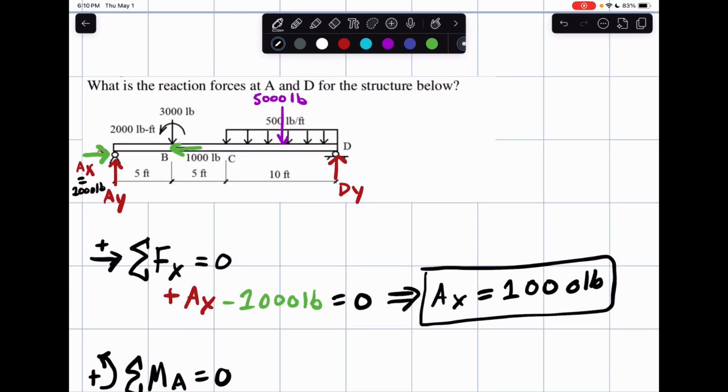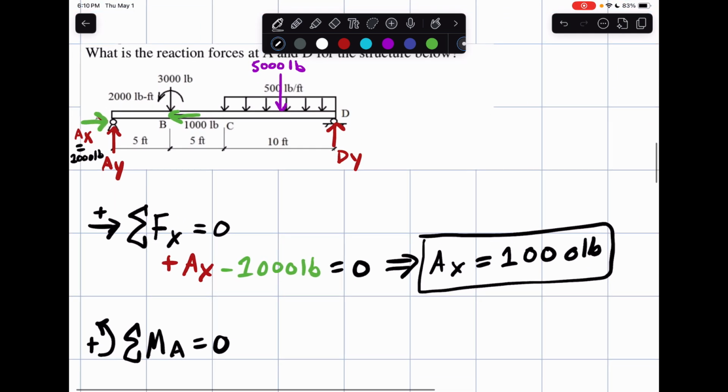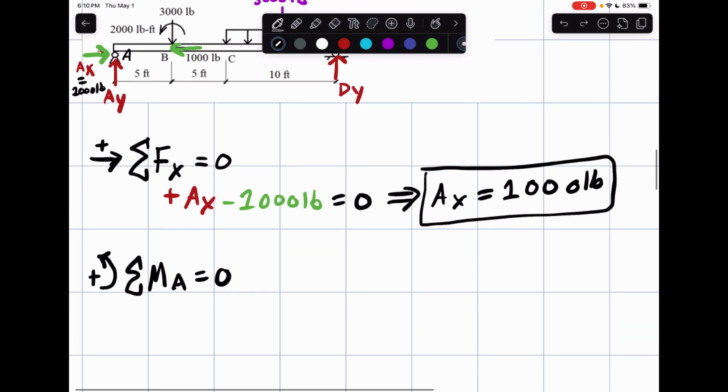The first one we could look at is our DY moment. If we're taking the moment at A, A being over here, we have this force here and this distance here. So we multiply our force times our distance.